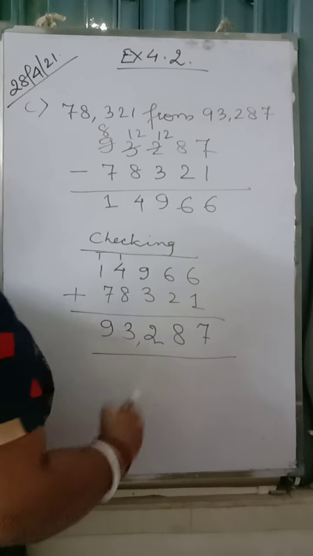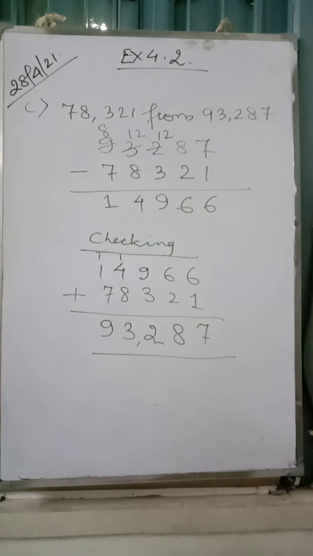Do we get the same number? 93,287. It means our answer is correct. Let us see question number F. After writing number C, we'll see question number F.